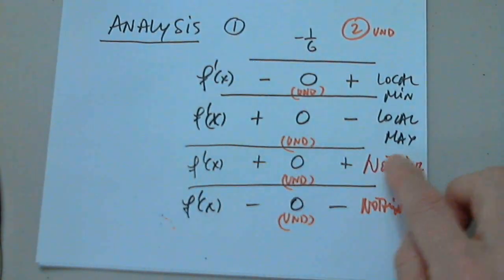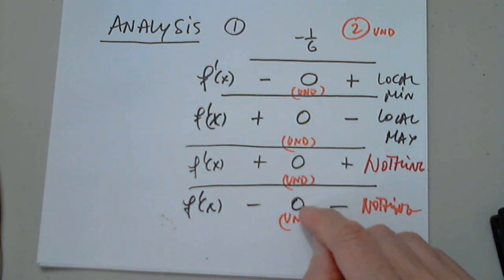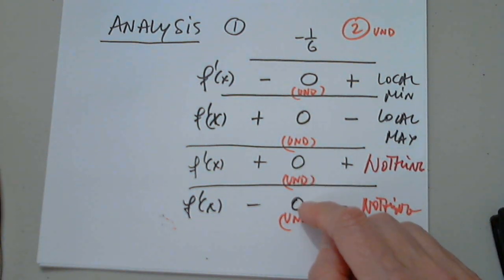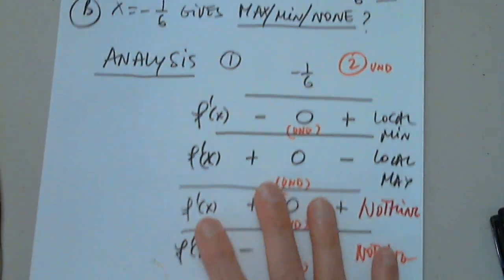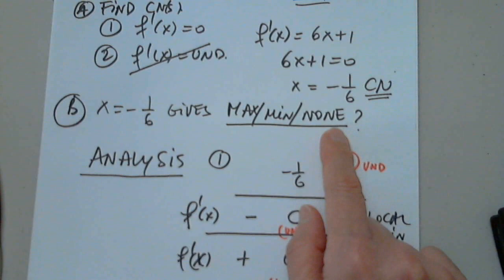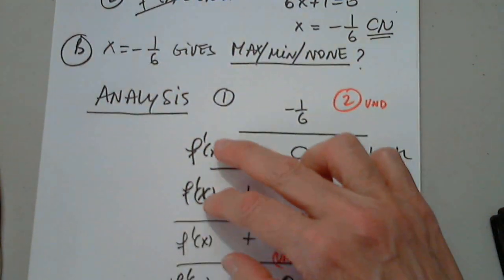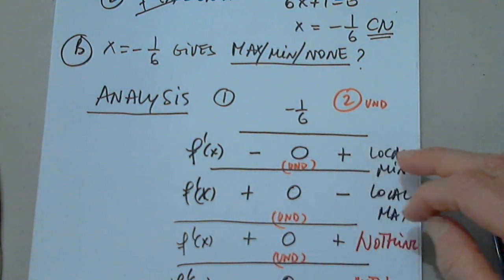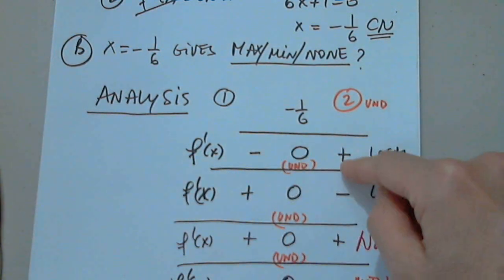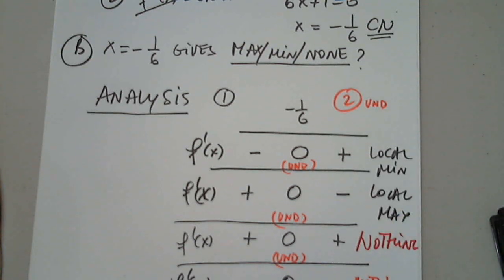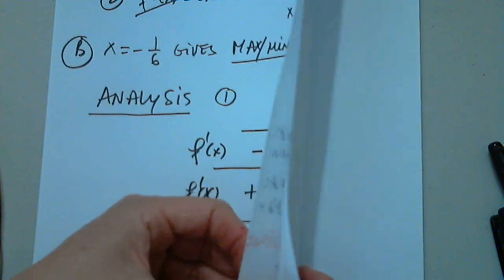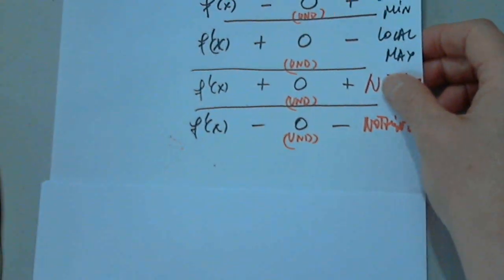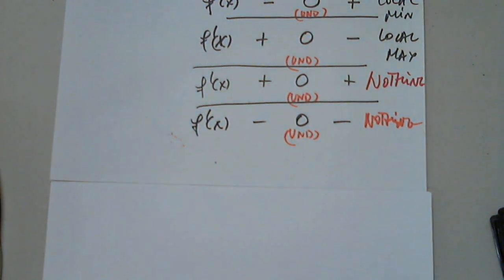If it does not change sign, even if we found critical numbers, this number will not give a max or a min. It is a must for the derivative to change sign for max min. For min in this way, for max in this way. So, because we want to finish this analysis now about this point, although this particular problem at this stage is not asking us to determine that.